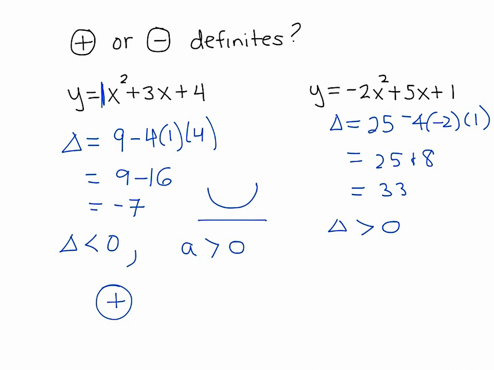So a discriminant greater than 0 already tells us it can't be either, because a discriminant greater than 0 means it cuts the x-axis twice. In this case, our a is negative 2, so we know that it must be concave down. So we'll have something that looks like this. In this case, it's neither positive nor negative definite.